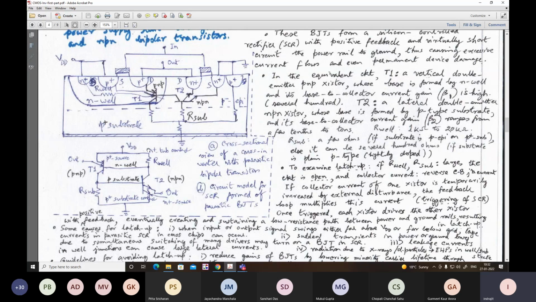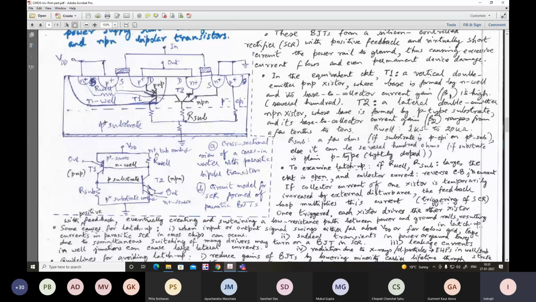It will lead to a drop across the resistance offered by the well, and also a drop across the resistance of the substrate. If a sufficient drop takes place, this will lead to turning on of the NPN transistor as well as the PNP transistor.